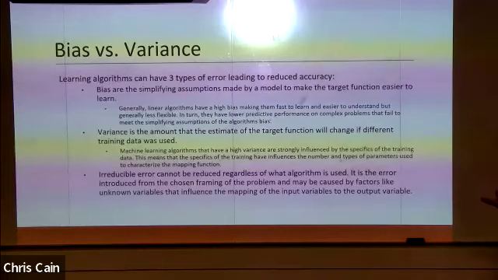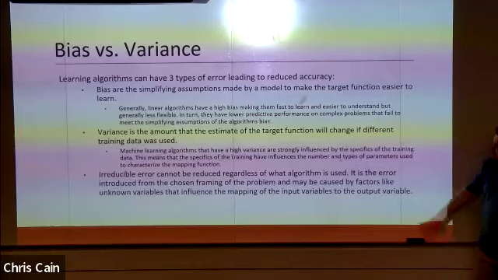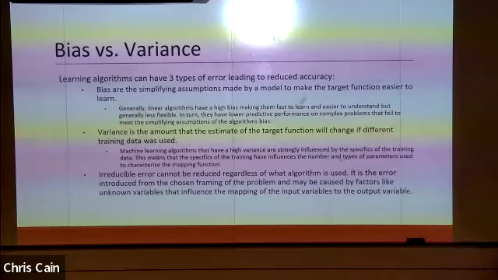Very different culture. What works in one isn't necessarily going to work in the other. So if I'm learning how to hold myself in these situations based on differences in culture, then what I'm going to learn is different. So that's the concept of variance. Simplifying assumptions versus the training data that I use to make my function of how I should behave.